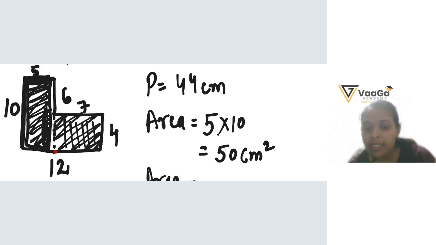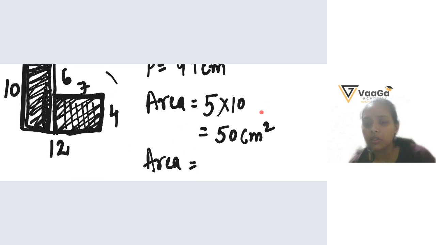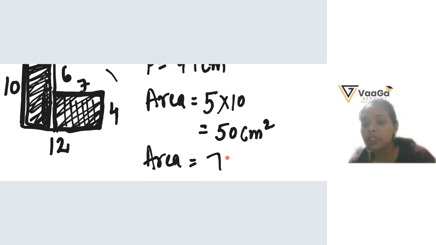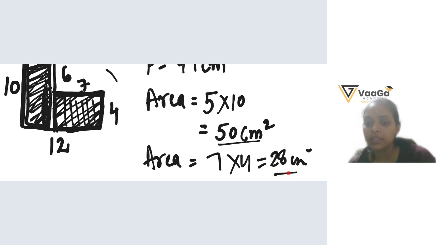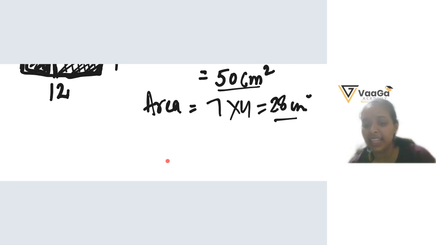What are the measurements of this rectangle? Is it 7 into 7 or 7 into 4? 7 into 4. 7 times 4 is 28 centimeter square. So what is the total area? We add these two, which equals 78 centimeter square. Very good.